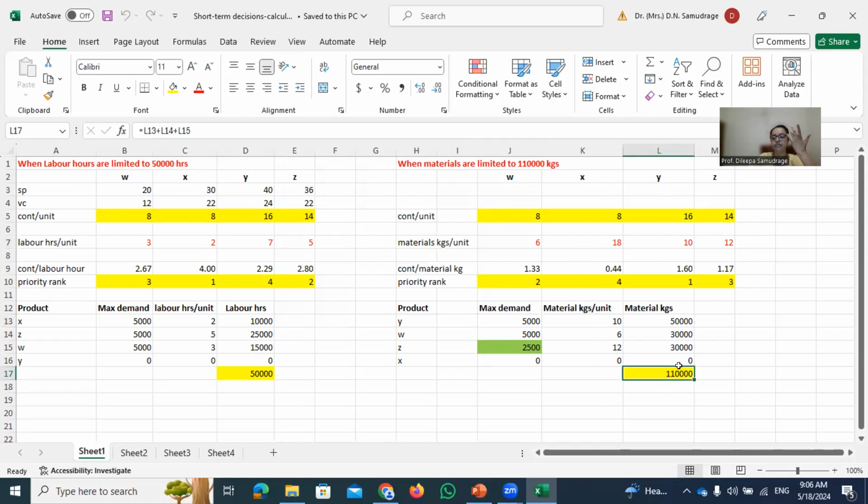So what you have to do is deduct 80,000, this one and this one, from this and get the balance. Then you can decide by dividing by 12 how many units, right? So that's what you have to do. Clear? So then the answer will be: when materials are limited to 110,000 kilograms, product mix will be Y 5,000, W 5,000, Z 2,500, right? So those are the steps that you have to follow. Clear?